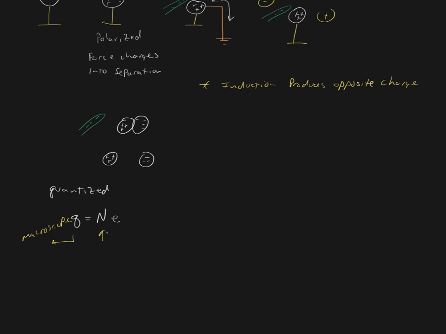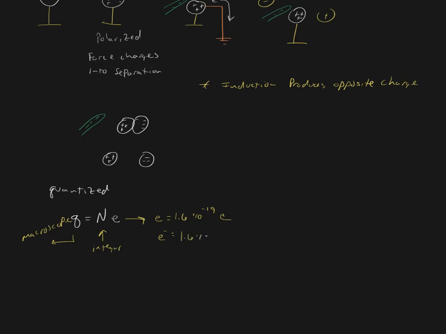N is an integer. And this letter e is not electron. It is the fundamental charge, and the fundamental charge e is equal to 1.6 times 10 to the minus 19 coulombs. Now, an electron charge is going to be e with that little minus sign.